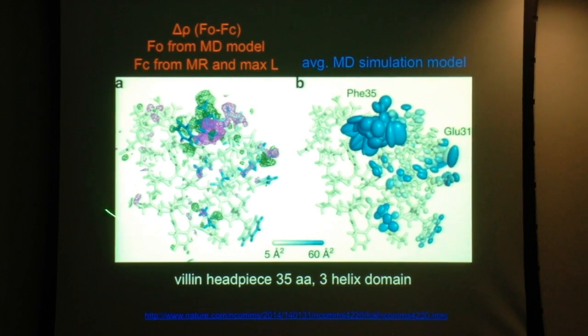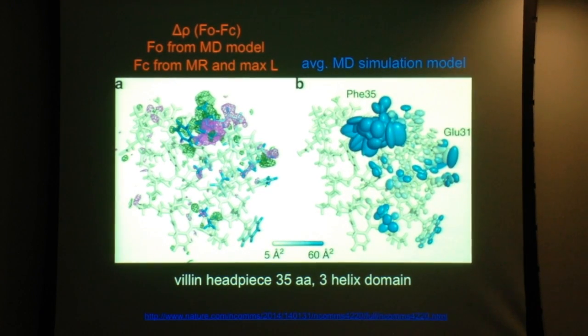And at the end of the refinement, they plot this difference density map between the simulated FOBs and the calculated F-calcs. Big trouble here. So the crystallographic treatment of the average of the molecular dynamics models underestimates the motion in this neighborhood of the molecule.